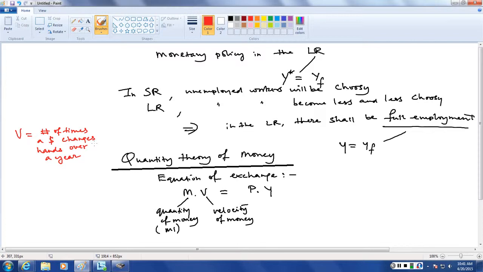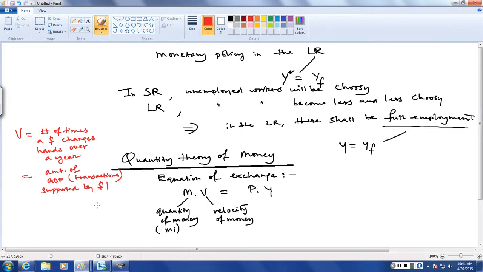So in other words, this is a measure roughly of the amount of GDP or transactions supported by $1.